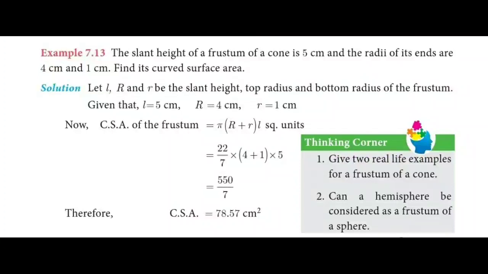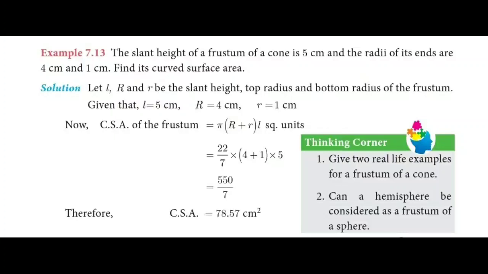Next one, example 7.13. The slant height of a frustum of a cone is 5 cm and the radii of its ends are 4 cm and 1 cm. Find its curved surface area. The given sum is a direct question. Let L, capital R and small r be the slant height, top radius and bottom radius of the frustum.